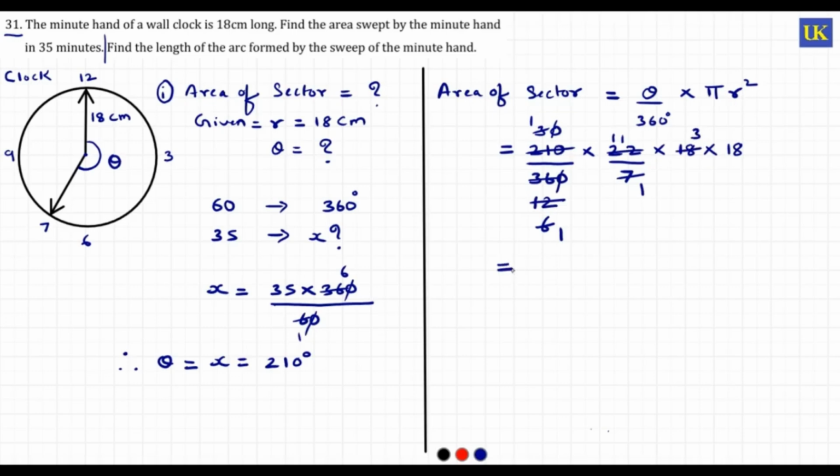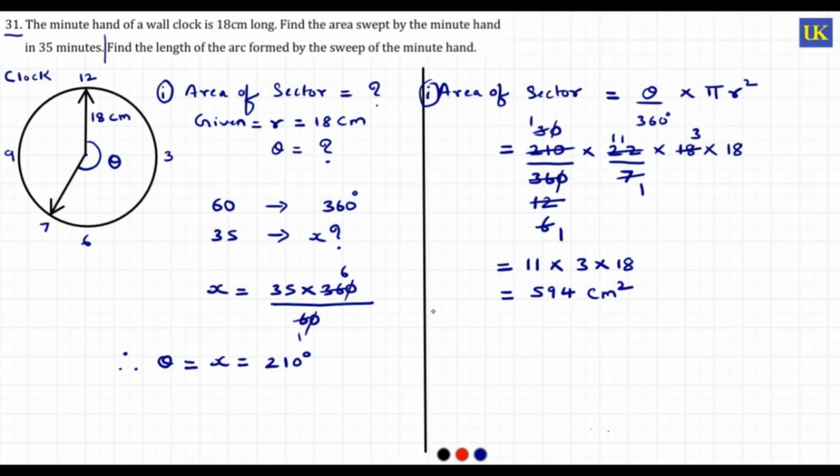After long cancellation, we are remaining with 11 into 3 into 18. Once we multiply all these, we get 594 centimeter square, because we are finding area, and area is always written in centimeter square.